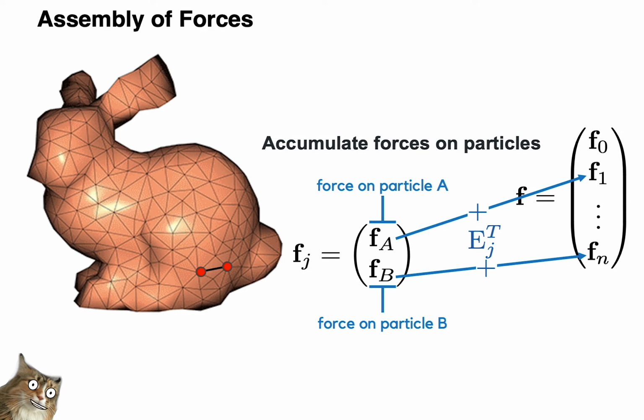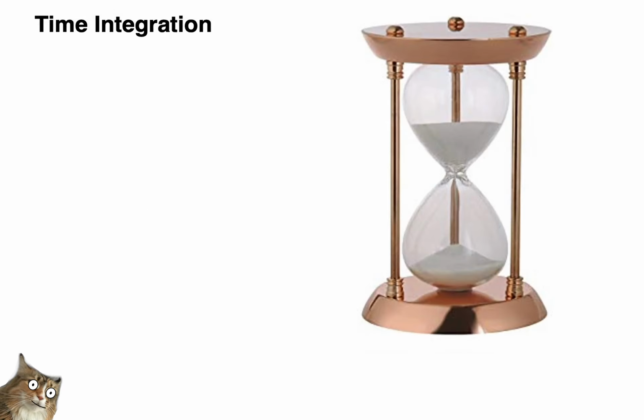The summation tells us we need to accumulate forces from all the springs acting on these nodes. This process of distribution and addition is called assembly because we assemble a global force vector from the force vectors of individual springs. Assembly is the final piece of the puzzle required to evaluate all the terms in our equations of motion. This means it's finally time to move to time integration.